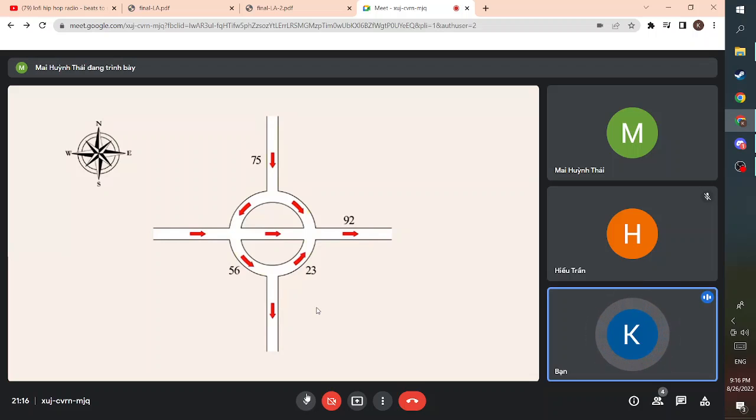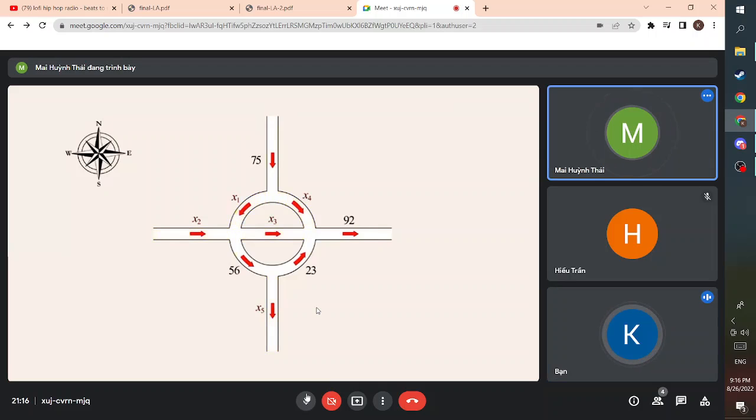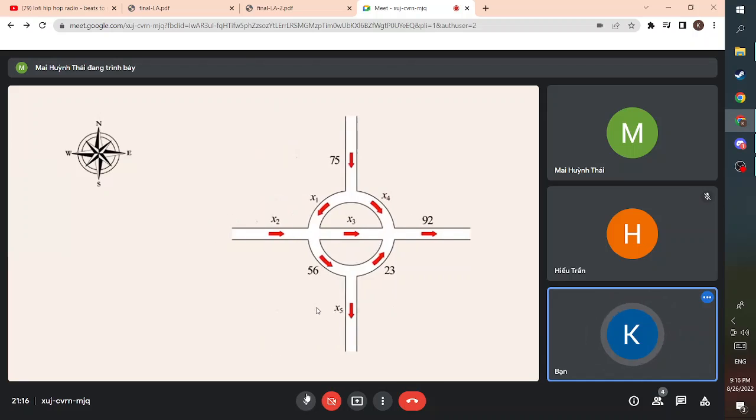They started by assigning variables to represent the traffic flow on each of the remaining roads. They could then create a system of equations which they hoped would allow them to calculate the missing information.